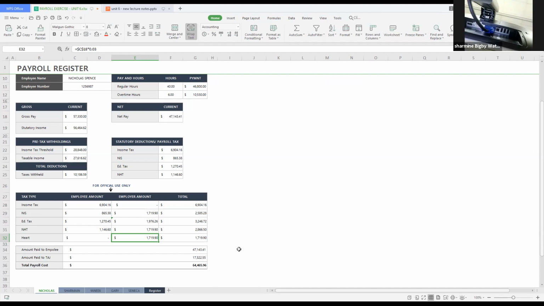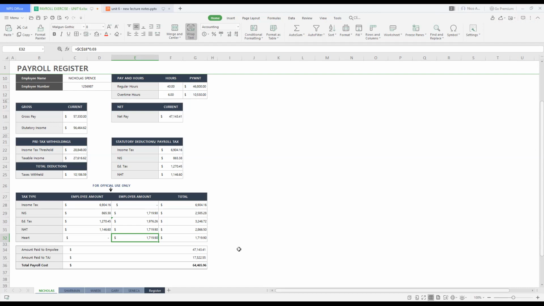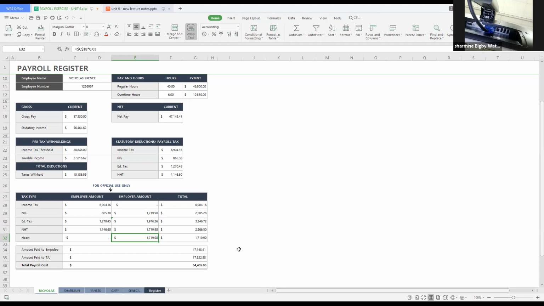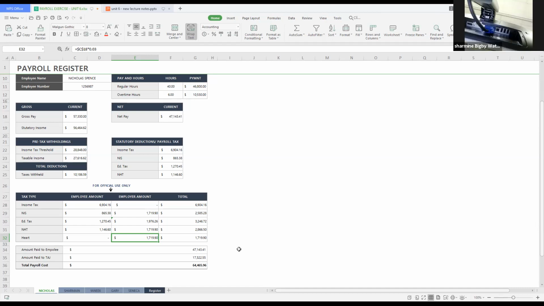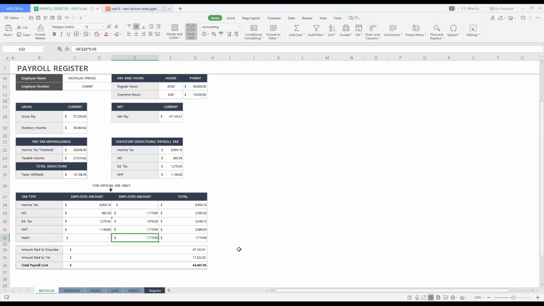What are you doing? You're taking 28,000 from 56,000. Are you writing this stuff out? What was the statutory income that you have on your paper?